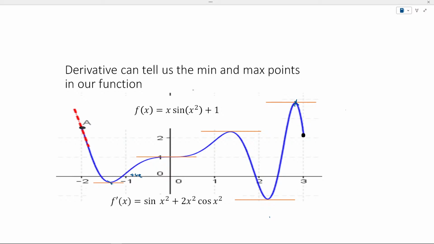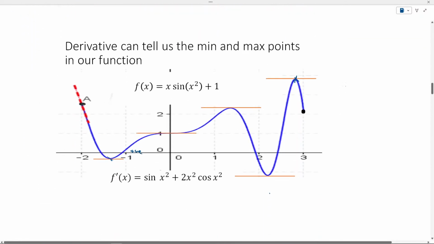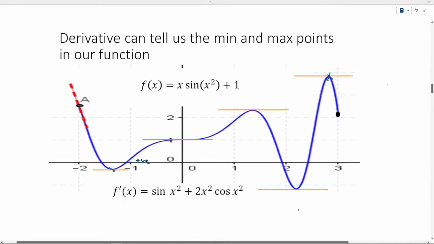So in this function, here is an endpoint, and here is another endpoint of the function.